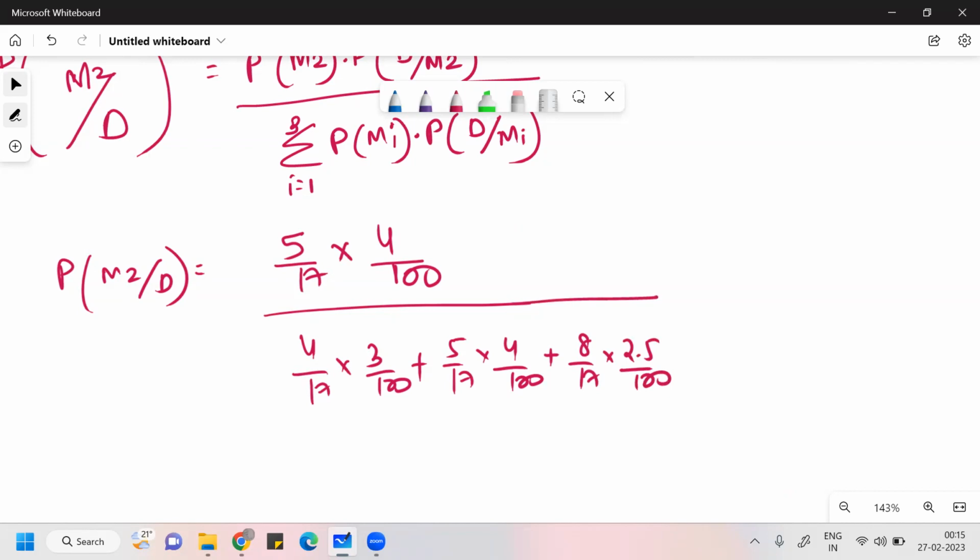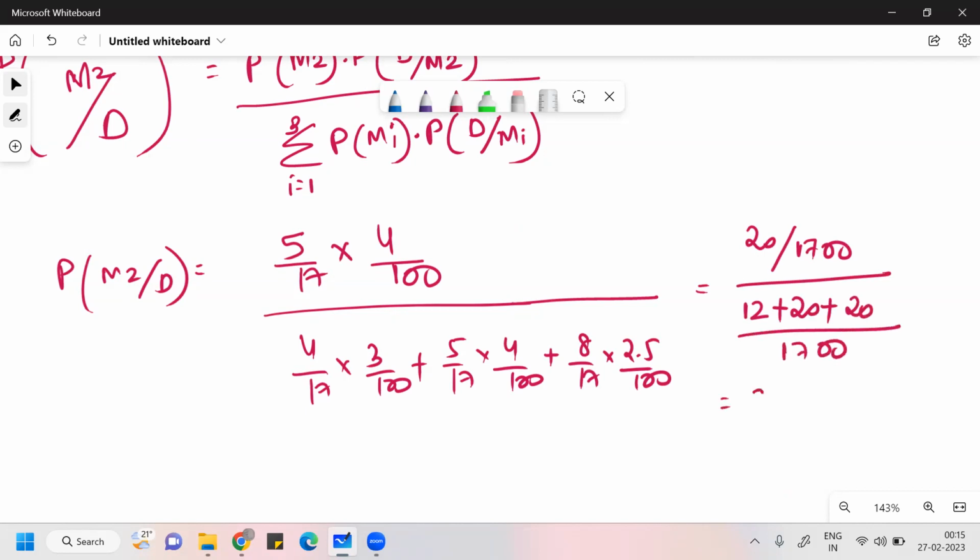You just solve this. This is 20 by 1700 divided by 12 plus 20 plus 8 into 2.5, that would be 20 by 1700 over 62, so this would be 10 by 31. Clear?